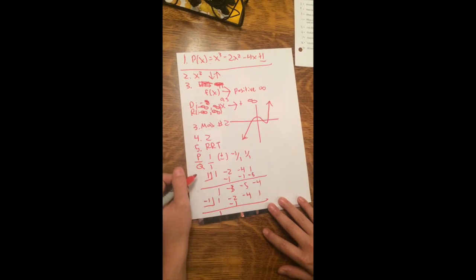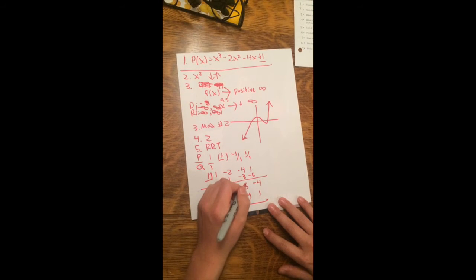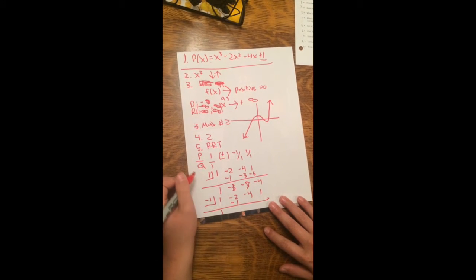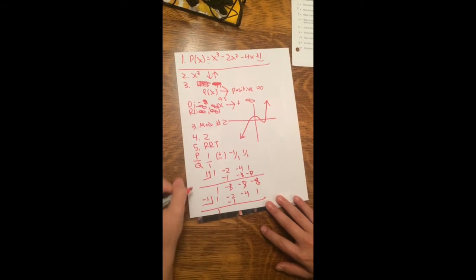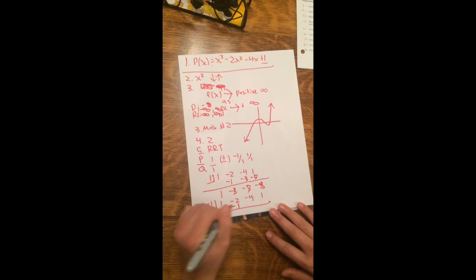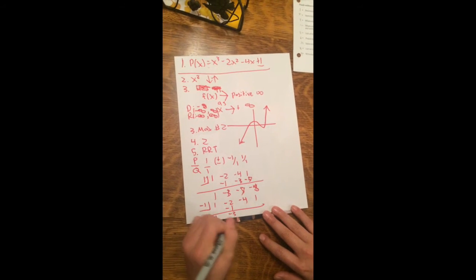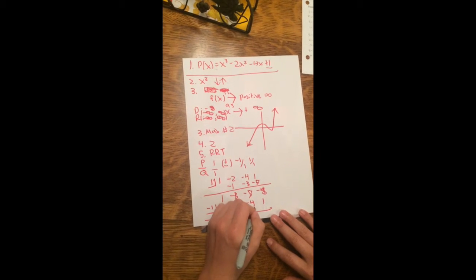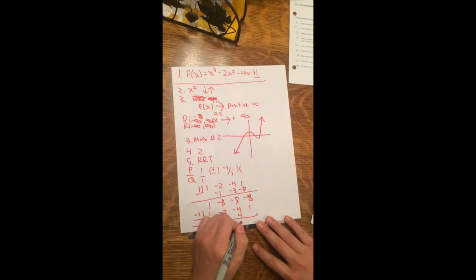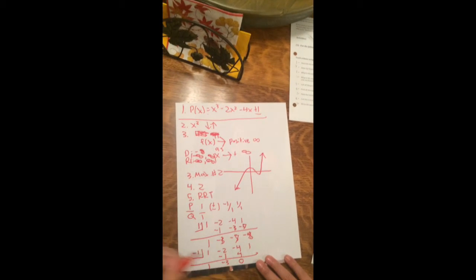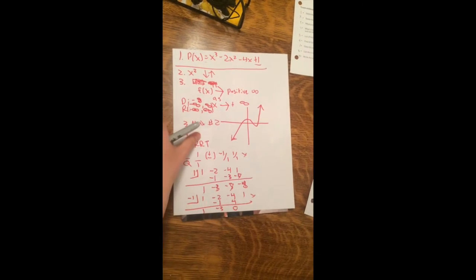Hold on. -3 times -1 is 3, and then that should be -7... I apologize. And so then for this one, -2 plus -1 is -3. -3 times -1 is 3, and then -4 plus 3 is -1. So this problem doesn't work either.